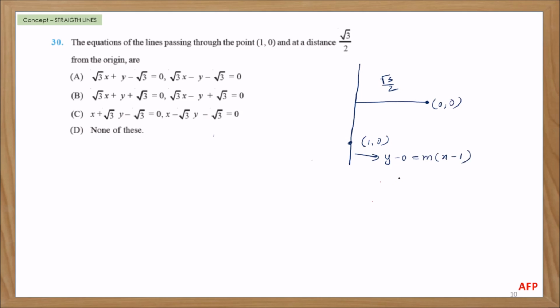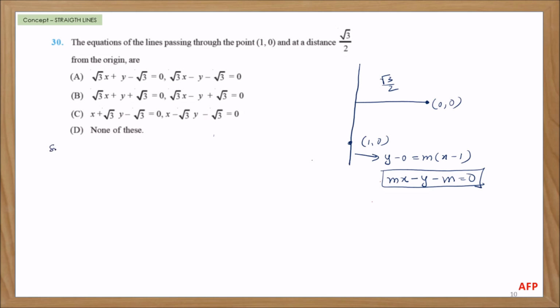If you simplify, mx - y - m = 0, which is nothing but the ax + by + c form. So we are supposed to find its distance from the origin.